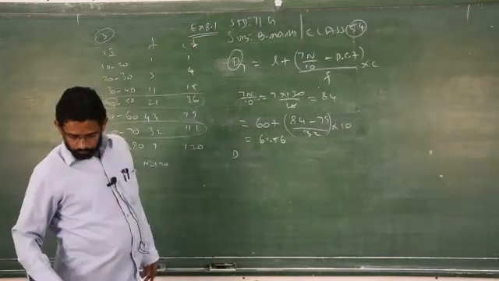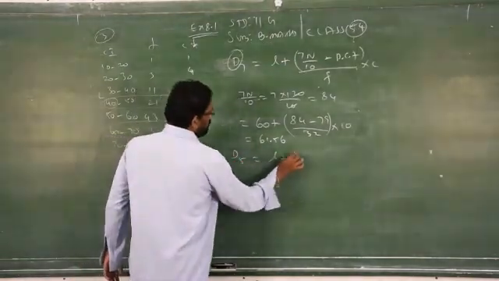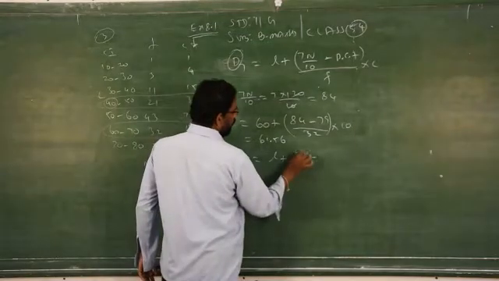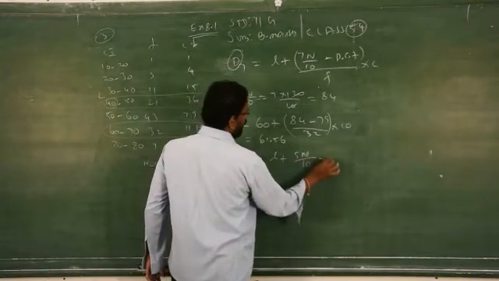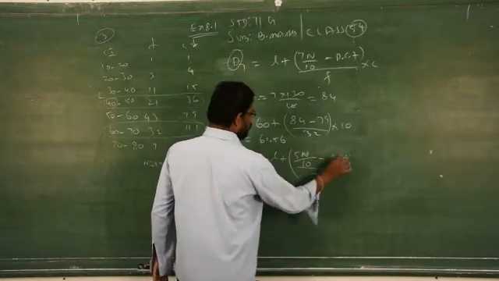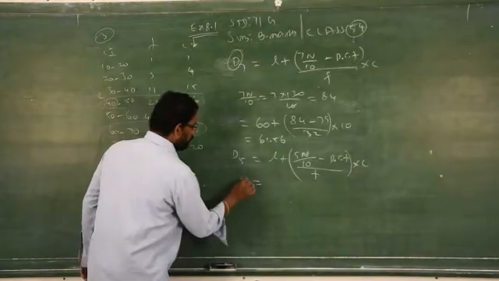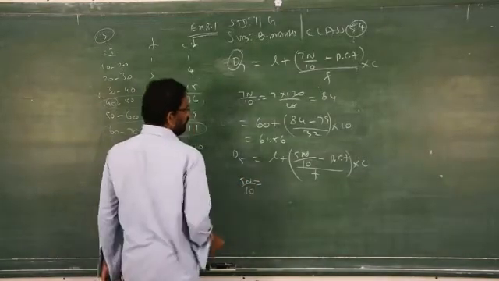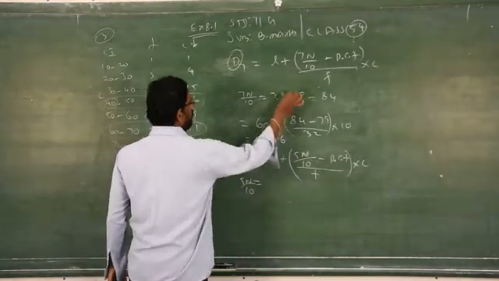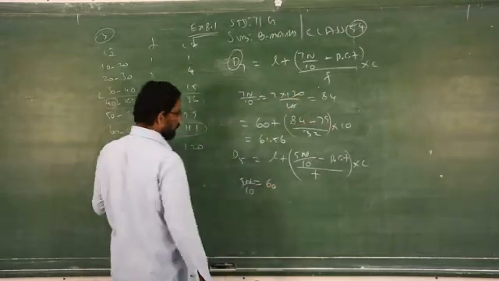Now decile 5. D5 is L plus (5n by 10 minus previous cumulative frequency) by corresponding frequency into C. So again you have to find 5n by 10. So n by 10 is 12, 12 fives are 60. Clear?